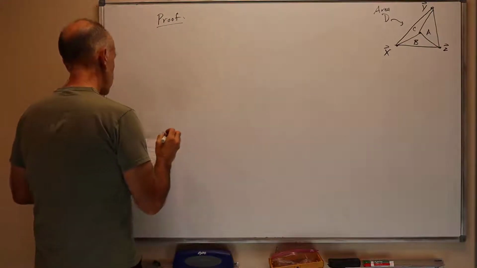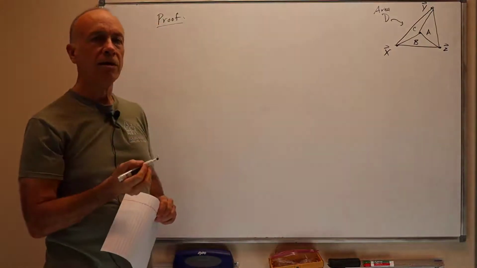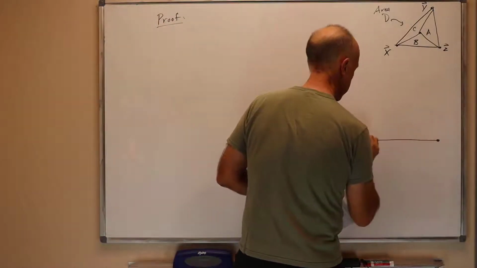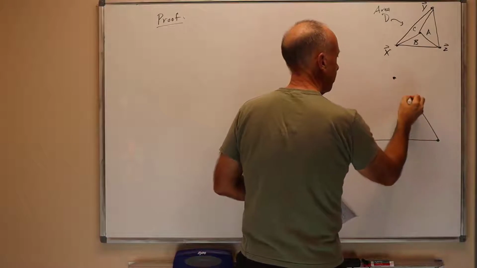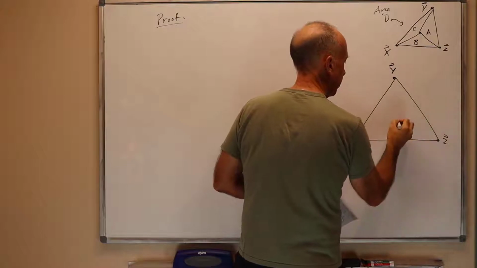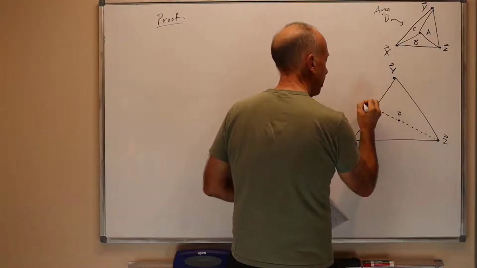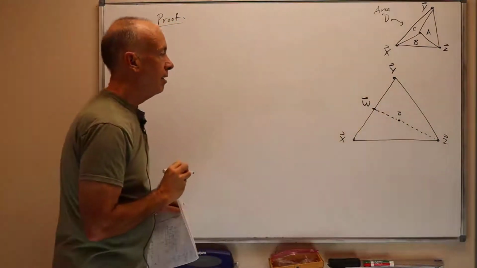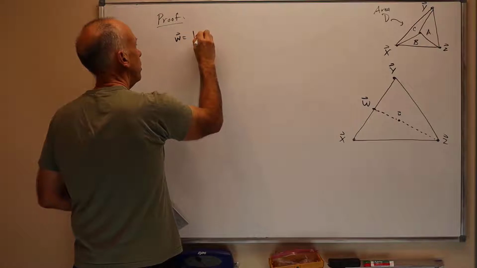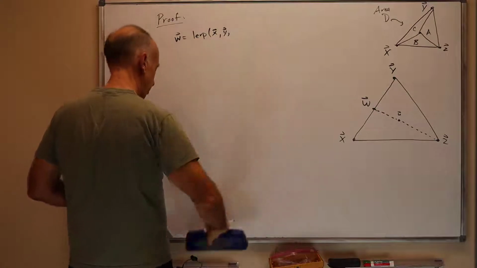So the way the construction worked in the previous video, proving the existence of barycentric coordinates for U, was we built the following construction. Here's our triangle again, with vertices X, Y, and Z. Here's U, and we drew the line through U and Z, which intersected the line XY at W, and W was equal to lerp(X, Y, b) for some scalar b.